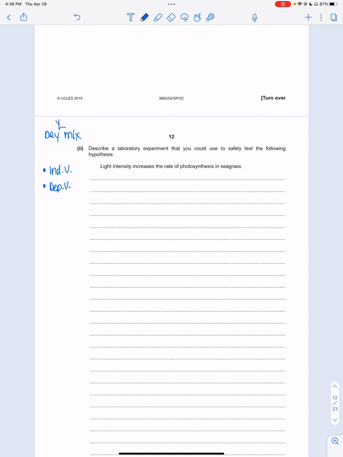We're going to need to state a method to record that. So if you were trying to see how something grows or its height changing, the method would be measuring its height, maybe using a meter stick.